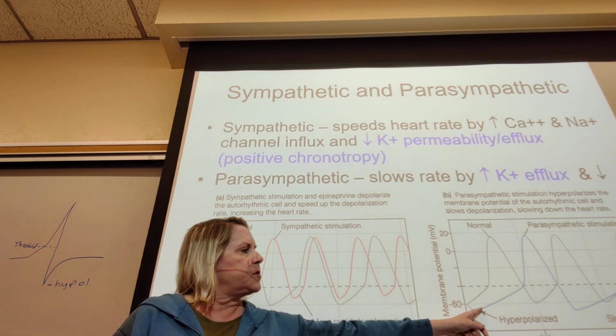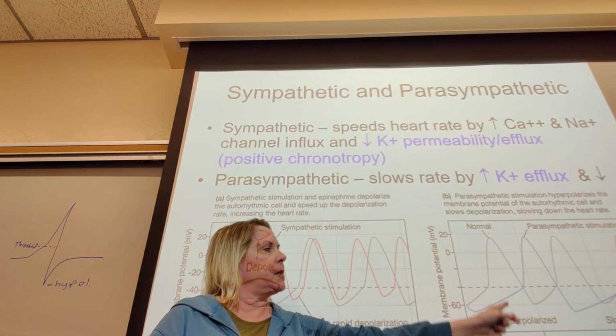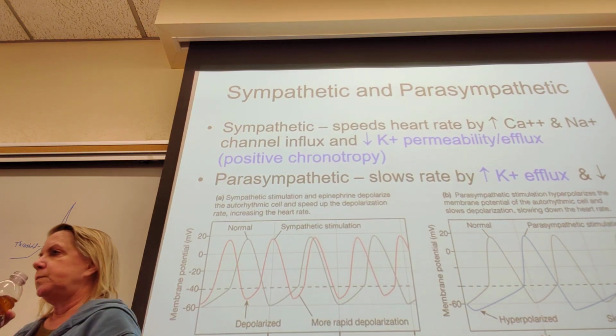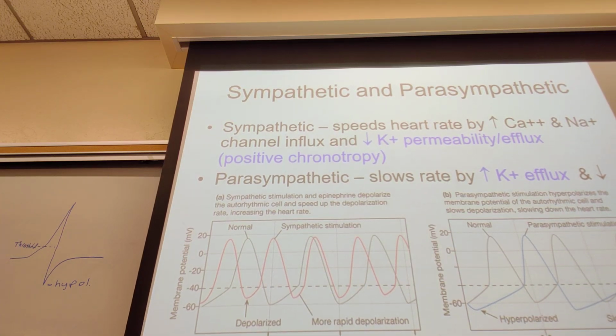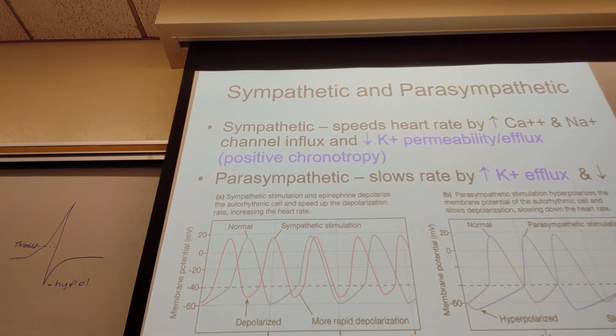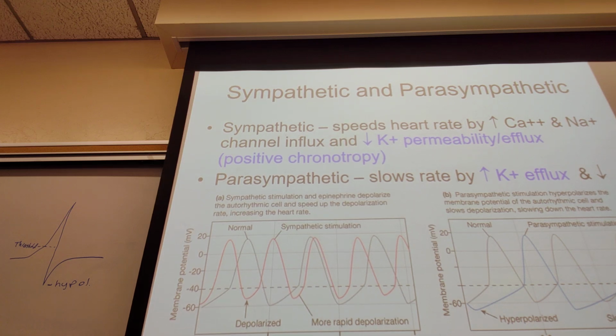Look what happens to the prepotential when the parasympathetic division has more control. What happened to the slope? Is it steeper or less steep? It takes longer to reach threshold, which means reduced heart rate.